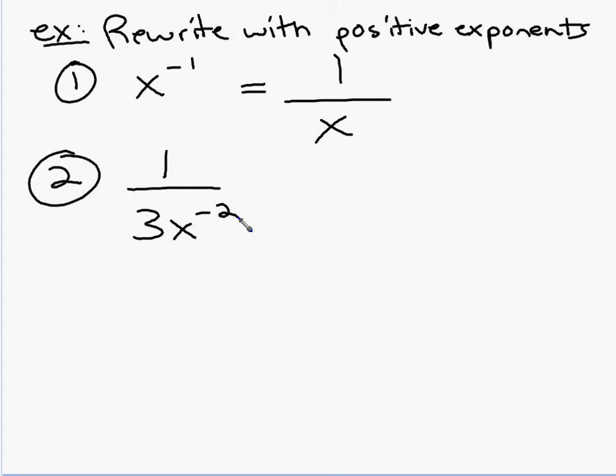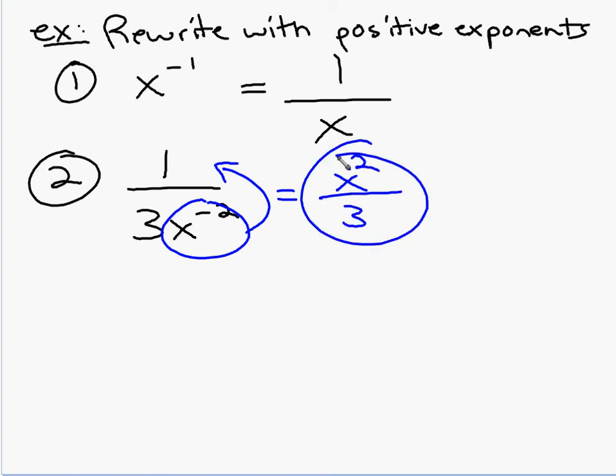Well, in this case, we've got a negative exponent in the denominator, but does the 3 move? The 3 does not move. All we're going to do is move this up here. So I'm going to have x squared over 3 like that. That problem's done. All right, those two are pretty easy.